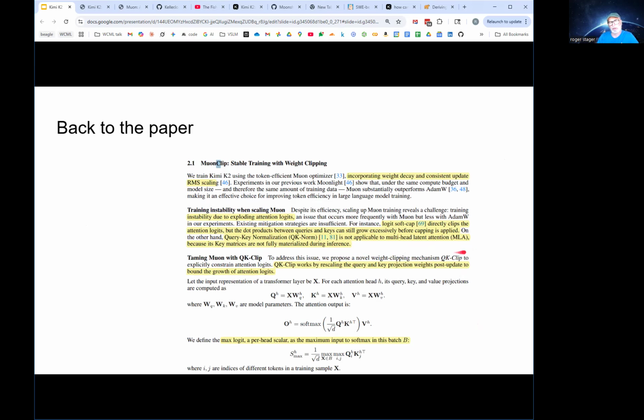But what they found is that with Muon you have this tendency for the attention, when you do a query times key multiplication, that's right down here. Query times key multiplication, you scale it by dimensionality and multiply it times the value. That's how softmax attention works.